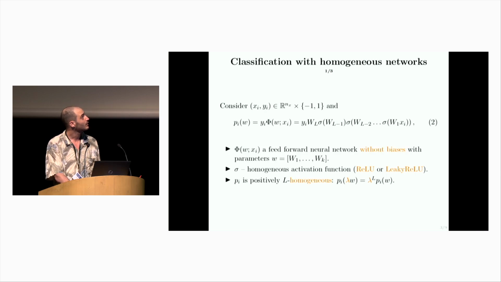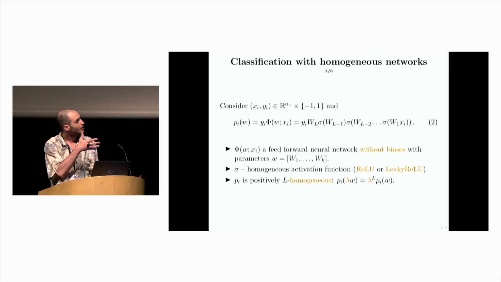But we are not looking at just any neural network. First, it's a neural network without biases, so there are only weight matrices, no b. Second, we are looking at neural networks with homogeneous activation functions, for example ReLU or Leaky-ReLU, which are commonly used in practice.